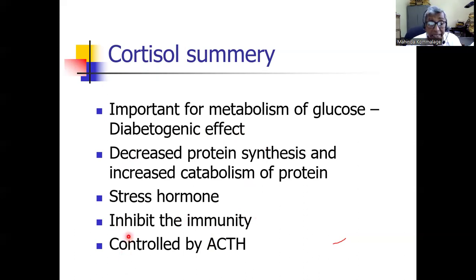It has an inhibitory action on immunity. Therefore, we call it an anti-inflammatory hormone. Anti-inflammatory drugs are produced from derivatives of cortisol, and it is controlled by ACTH, not like aldosterone. Aldosterone is controlled by the renin-angiotensin system and other mechanisms, but cortisol is controlled by ACTH secreted from the pituitary. So that is the summary of cortisol.